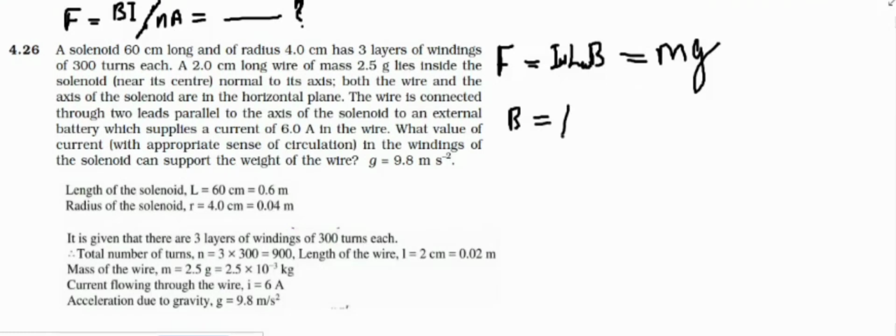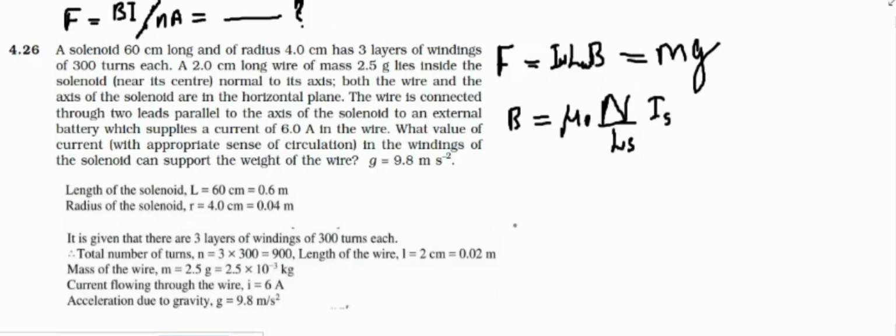Solenoid magnetic field B is equal to mu naught N by Ls, capital N by the length of the solenoid, into Is, the current through the solenoid.